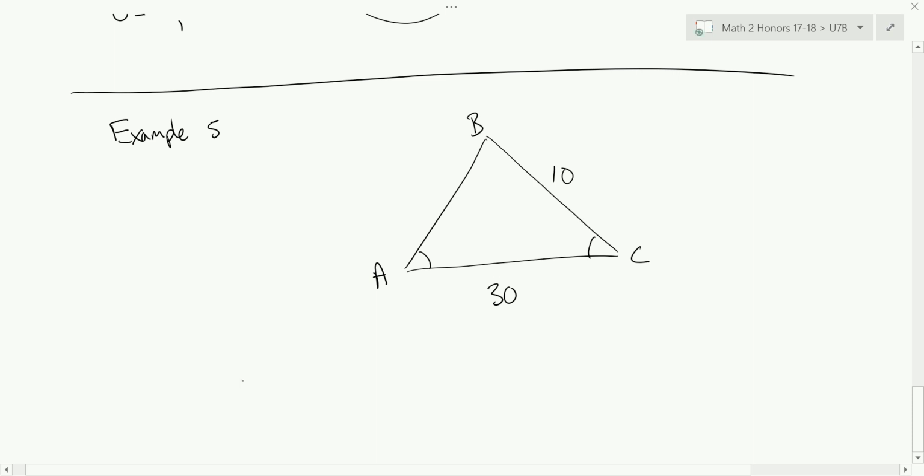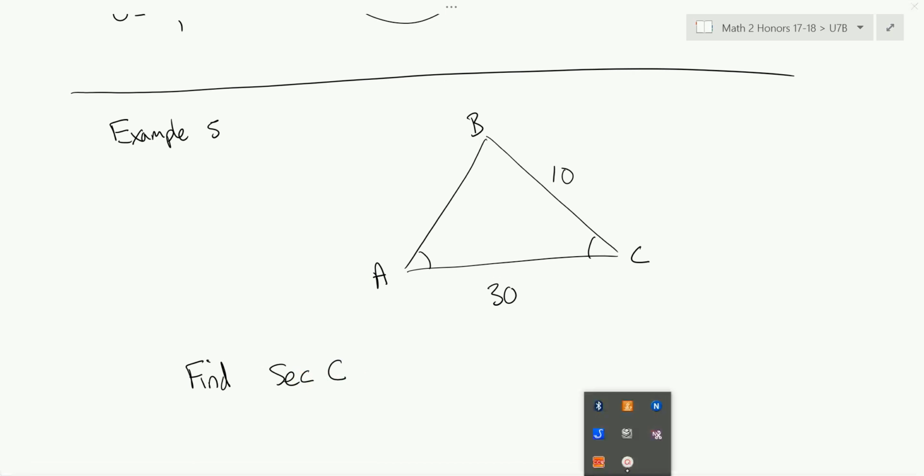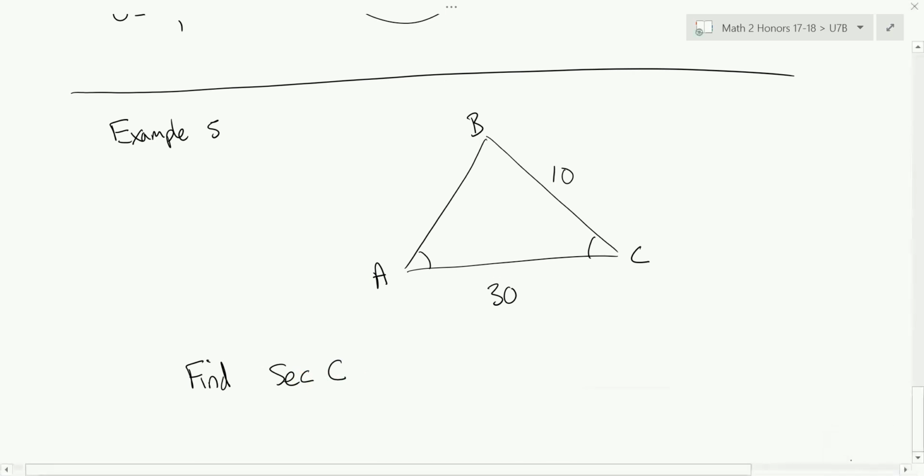All right, so here's a triangle with 2 side lengths, and I'd like you to find, let's go with, the secant of angle C. Okay, what else do we know about this triangle?